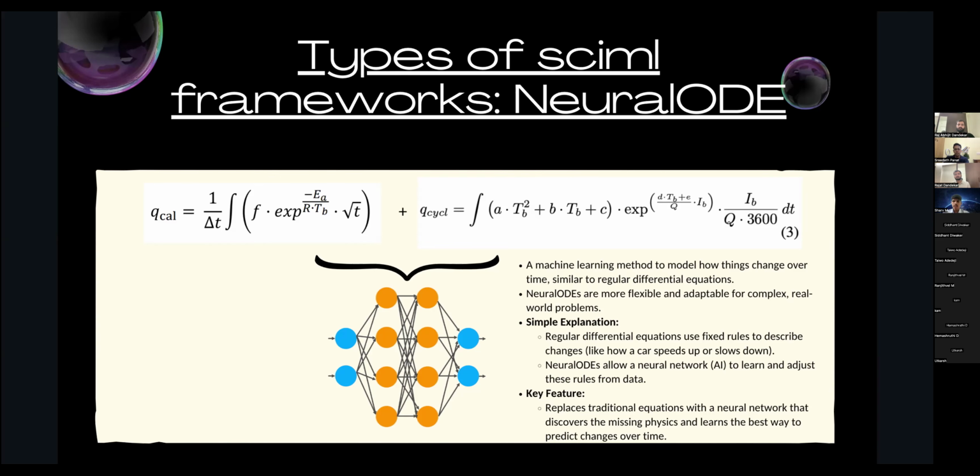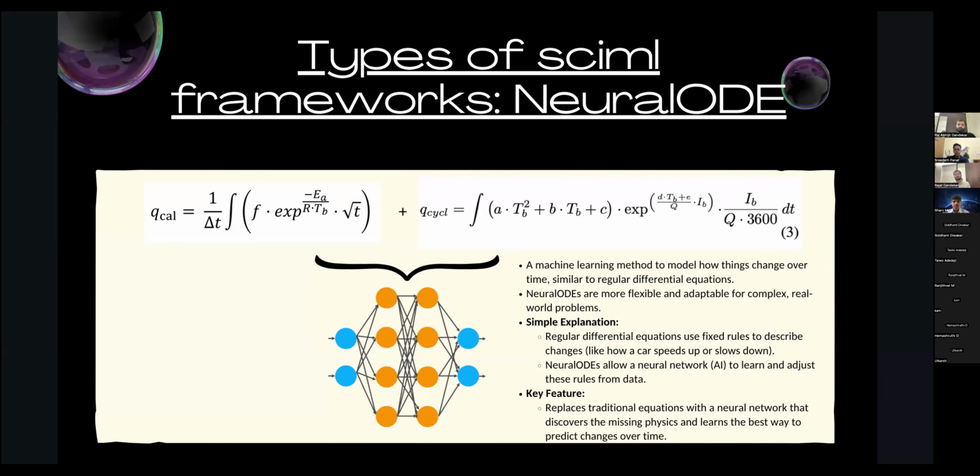Neural ODEs take this idea but allow a neural network to learn and adjust these rules from data. Basically, when we add these two equations, we set that equal to a neural network and train it based on the ground rule equations. And instead of giving the system fixed rules, the neural network learns the best way to predict the changes over time, making neural ODEs very flexible.